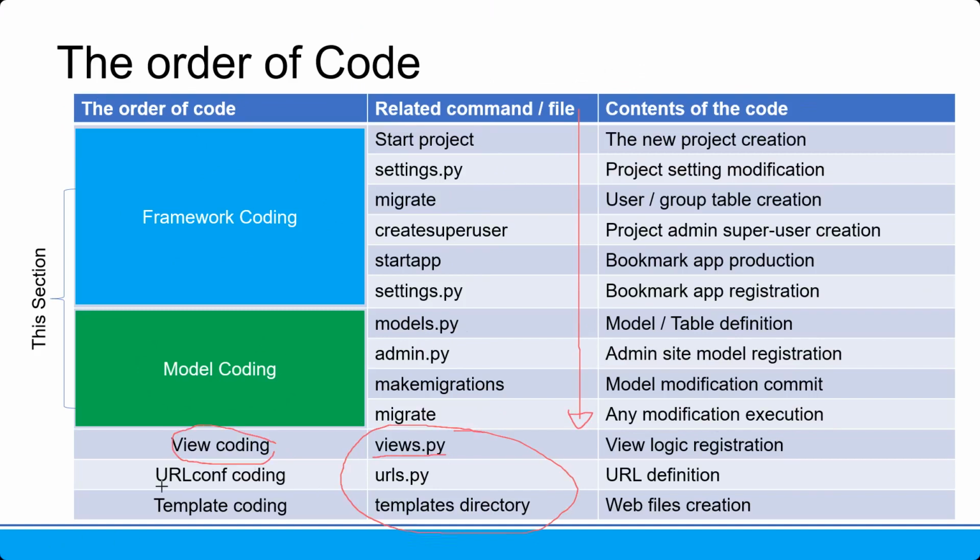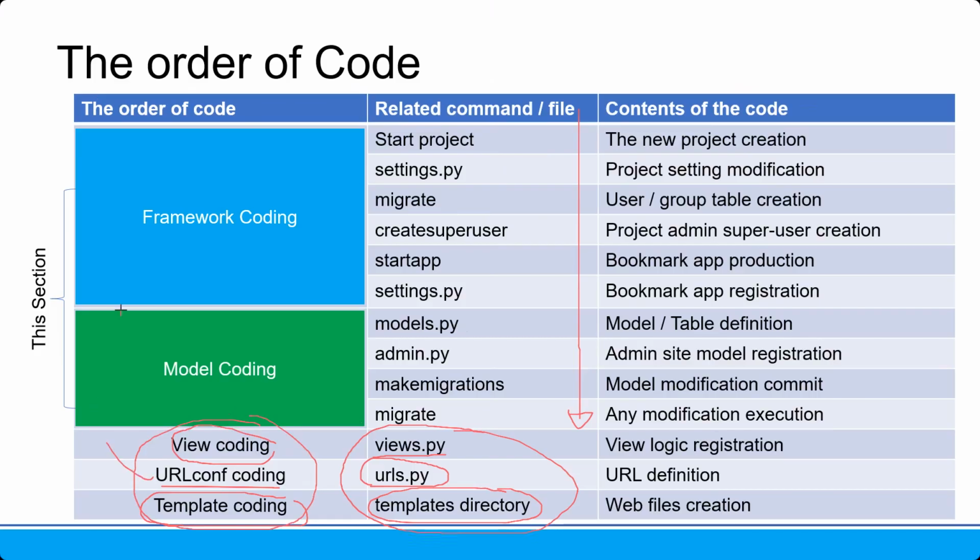And then we define the URL, so we define the URL in the py file. And then we define the template coding, which means the HTML. Actually, I explained it first because it is the user interface, or something to show in the HTML.